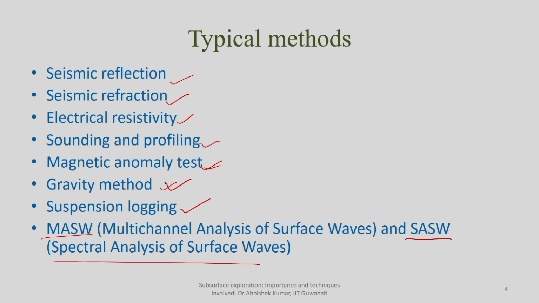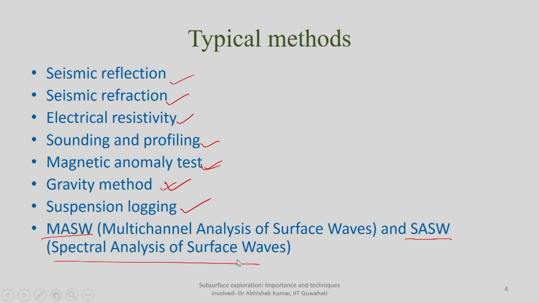Those two tests are more and more prominently being used now for forensic investigation, even for quality control, even for microresonance studies. So, we will be discussing overall these prominent tests which come under geophysical testing methods.